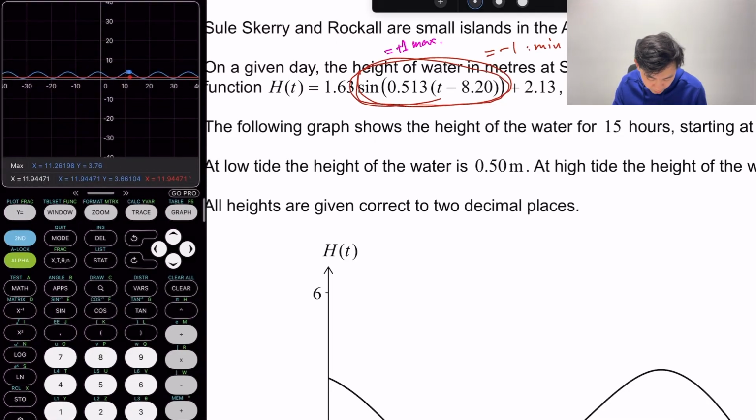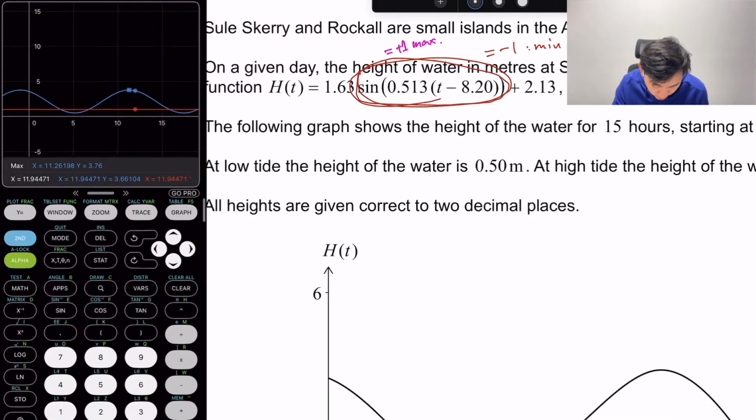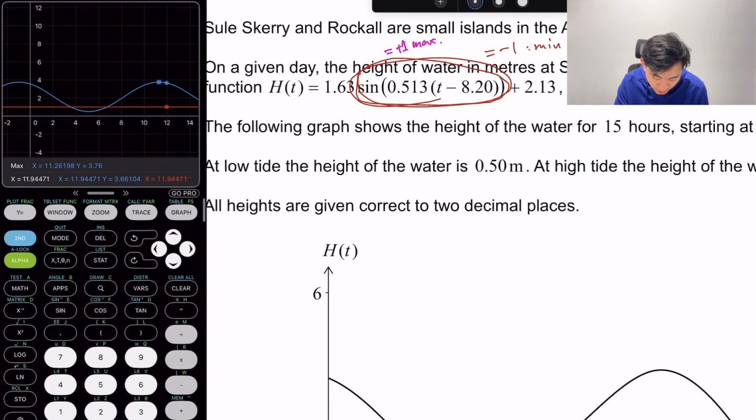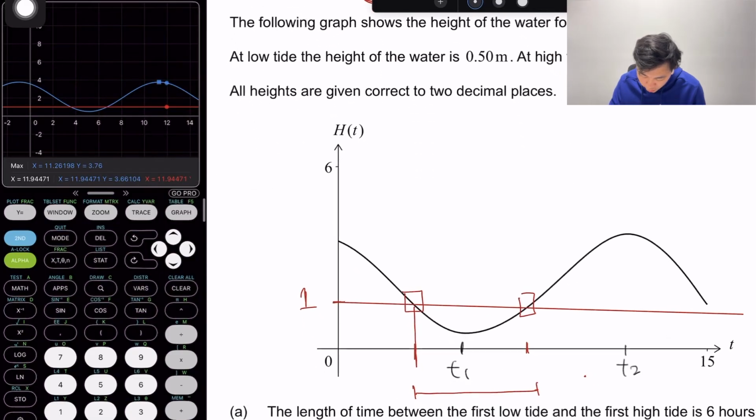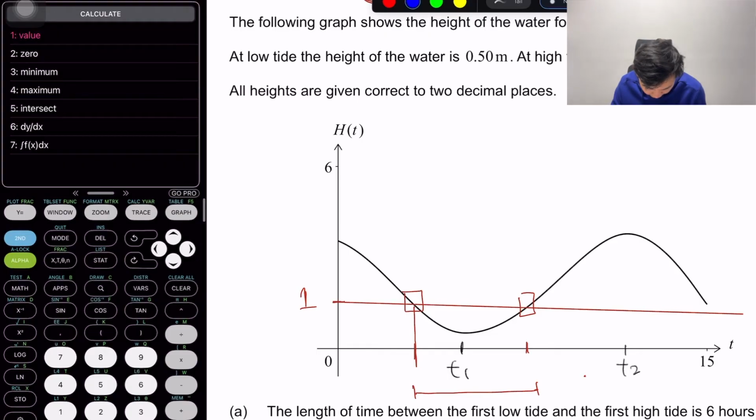Now we can graph it out. If we zoom in a little bit, the high tides are actually between here and here, right? So our job right now is to figure out where are these 2 points. So we can use the function trace, and then we can use second and then trace, and then find the intersection point.